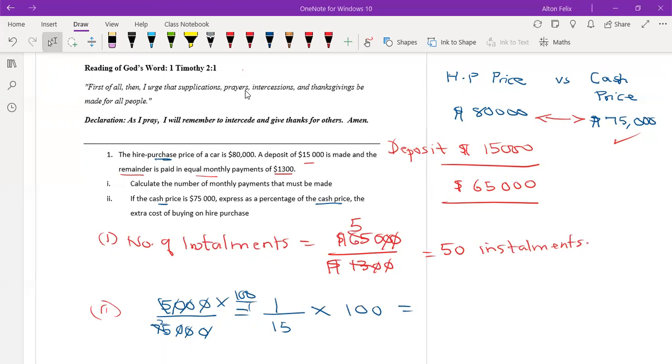Right, so that should be about 6.67%. Let's double check that. Yep, that is 6.67%.